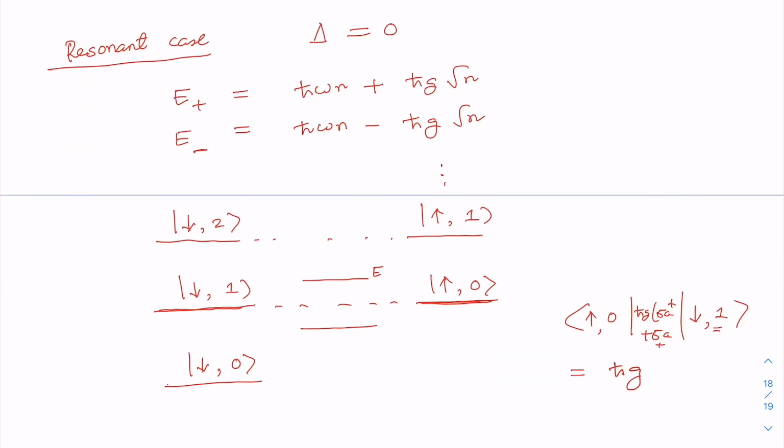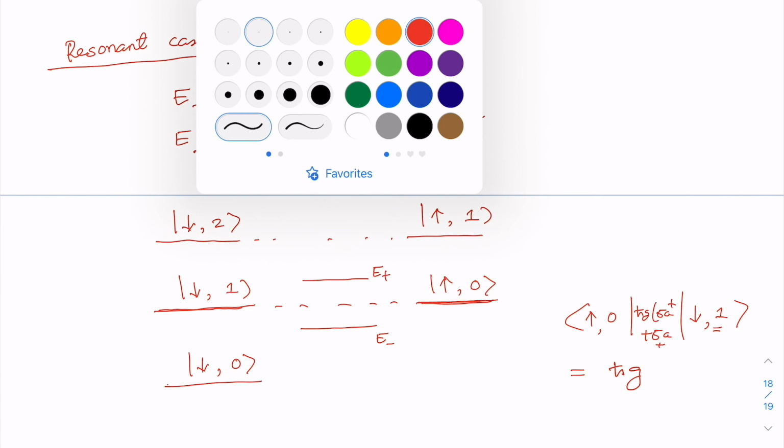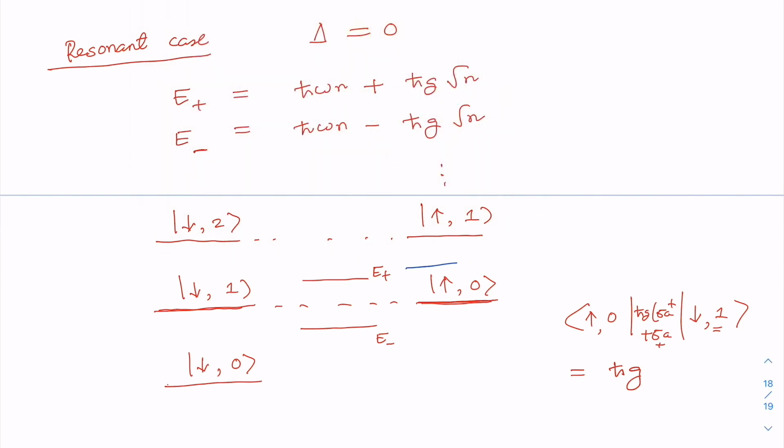I hope you are getting it. So this is my E plus and this is my E minus. E plus is ħω plus ħZ, and E minus is ħω minus ħZ.